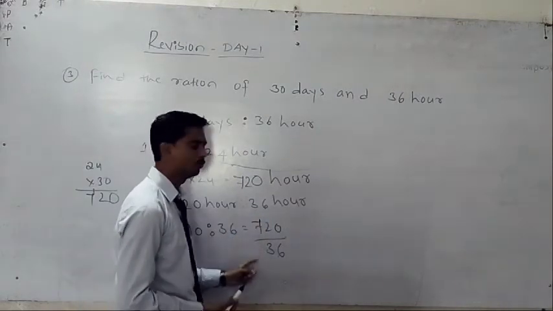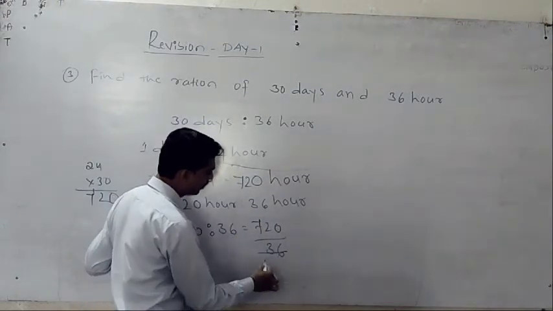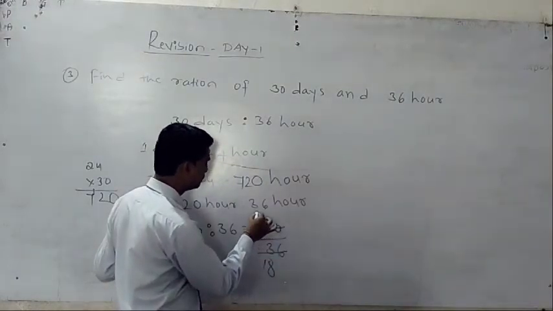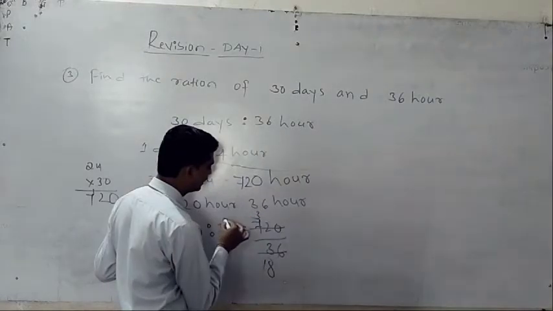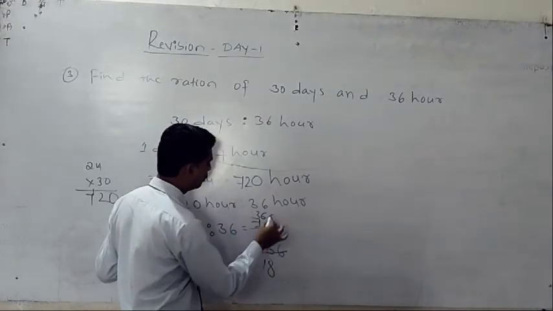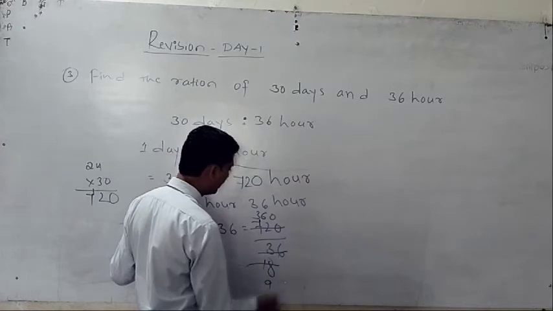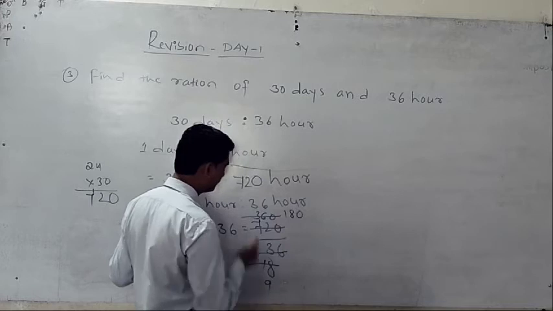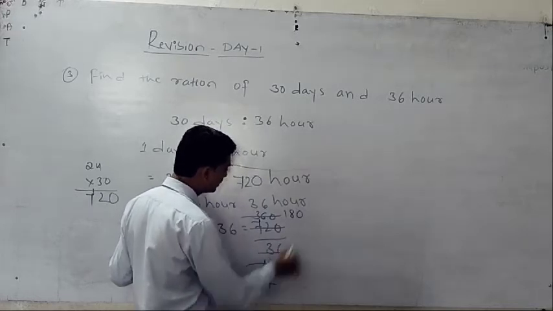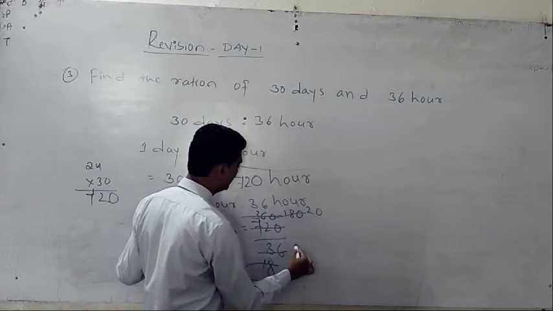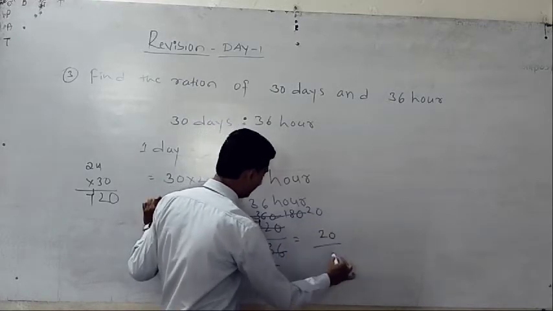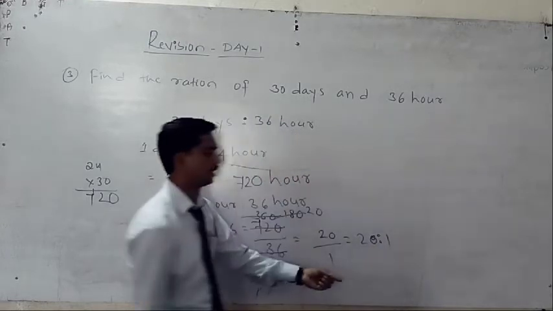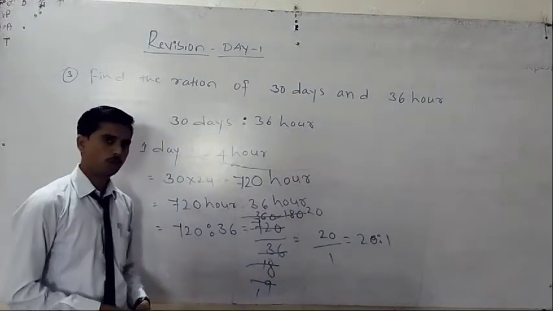Then it has the same table. 2 1's are 2, 2 8's are 16, 2 3's are 6, 2 6's are 12, it is 0. 9 1's are 9, 9 2's are 18, it is 0. Then 20 by 1 is equal to 20 is to 1. The answer is 20 is to 1.